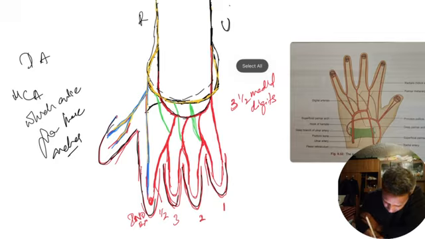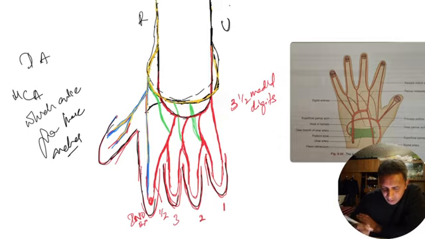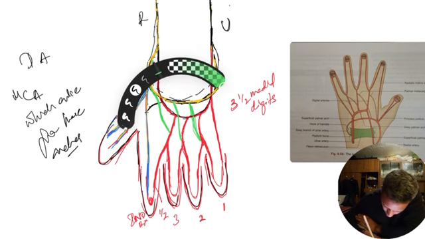Now where do the metacarpals get their supply from? Now your metacarpals, I'm going to mark with green. So they have branches between the second, third and fourth metacarpals coming from your deep palmar arch. I'm marking them with green. So these branches are anastomosing with your common digital arteries.